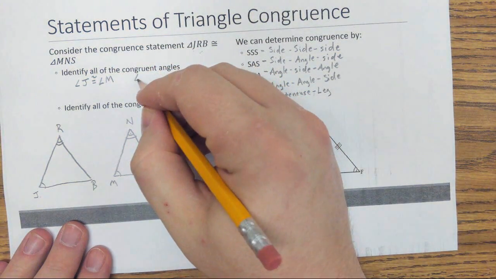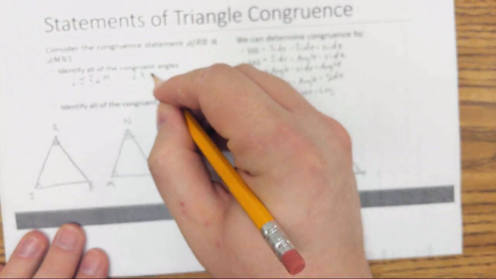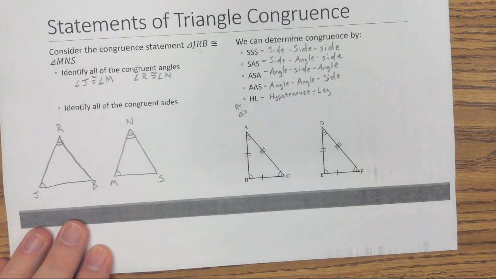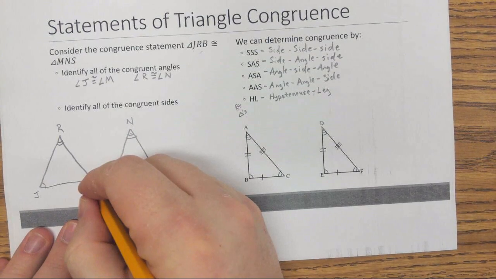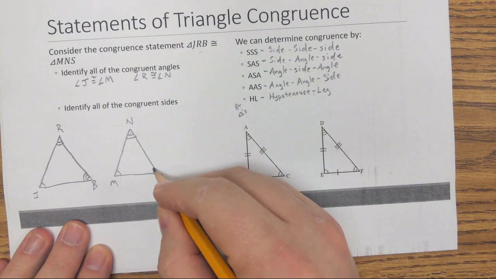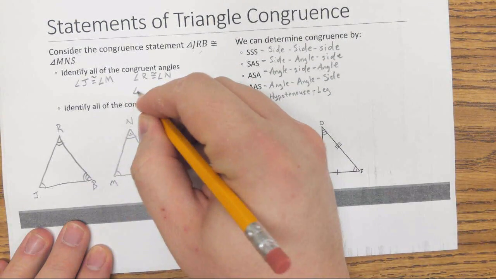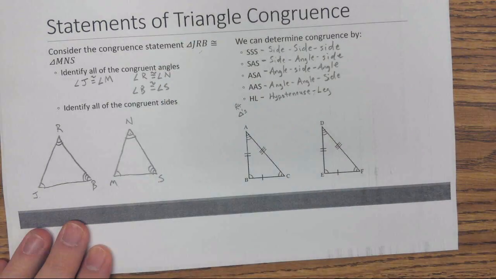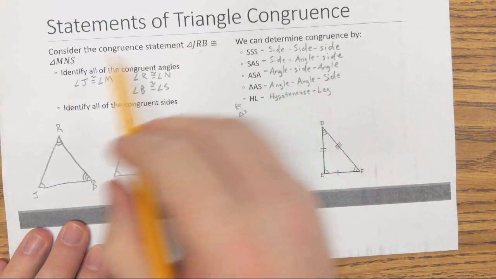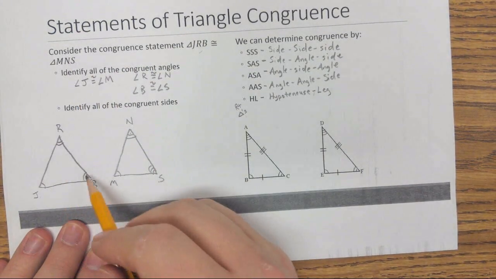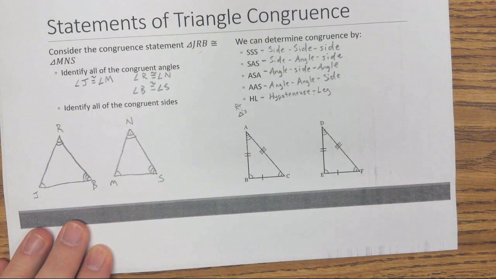Angle R is congruent to angle N. Okay. Then I'll say angle B, it's three arcs here. 1, 2, 3. Angle B is congruent to angle S. So if I have two congruent triangles, then all of their corresponding angles are congruent as well.